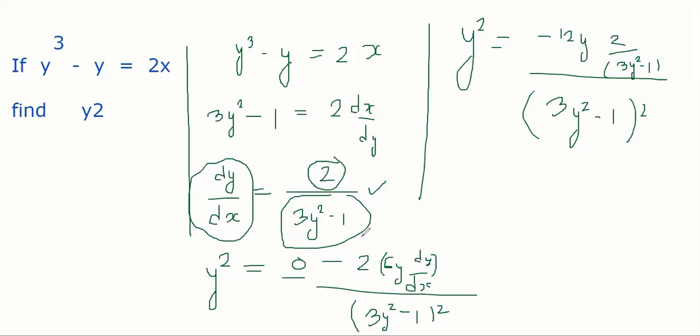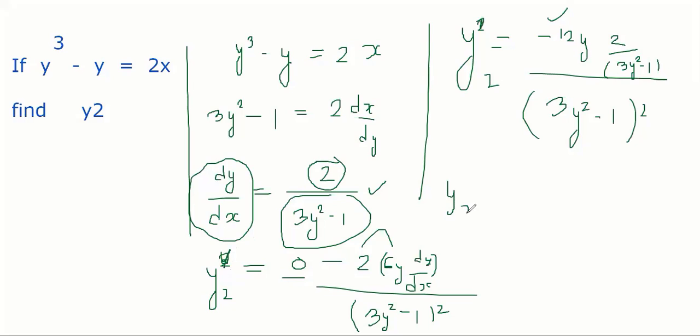Now what I'm doing is, this minus 2 into 6y is minus 12y. dy by dx, I am substituting the value of this dy by dx here. It becomes this. Finally, when I simplify, actually y square नहीं है ये, y2 है. Why am I writing y square? It is y2, right? d2y by dx square, sorry.